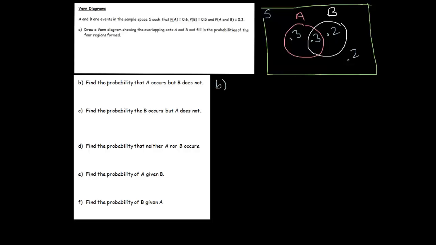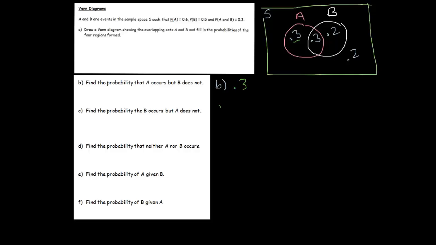So for B, the probability that A occurs but B does not, that just means we're looking at the region that's inside of A and is not inside of B. And that is the region that I'm underlining here in green, which is 0.3.